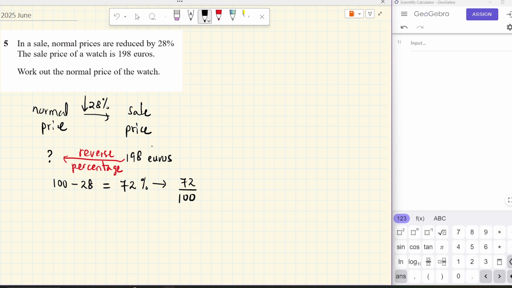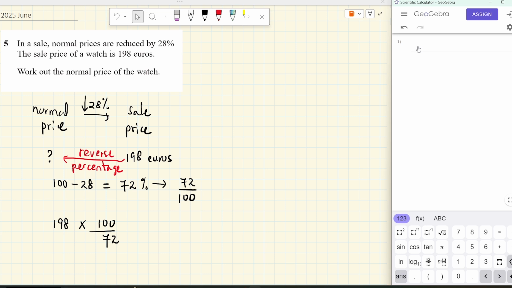You take the sale price, that means the amount given, that is 198, multiply, you take the reciprocal of the new percentage. That means you flip the percentage and multiply, that is 100 over 72.